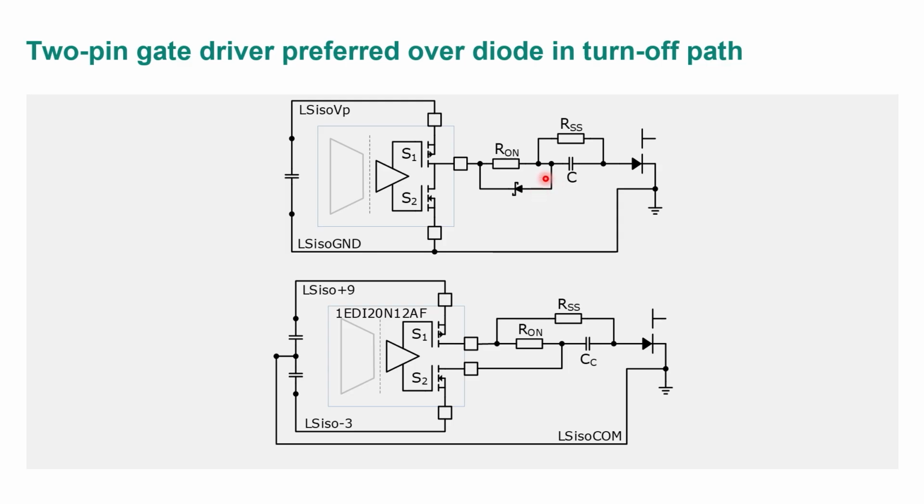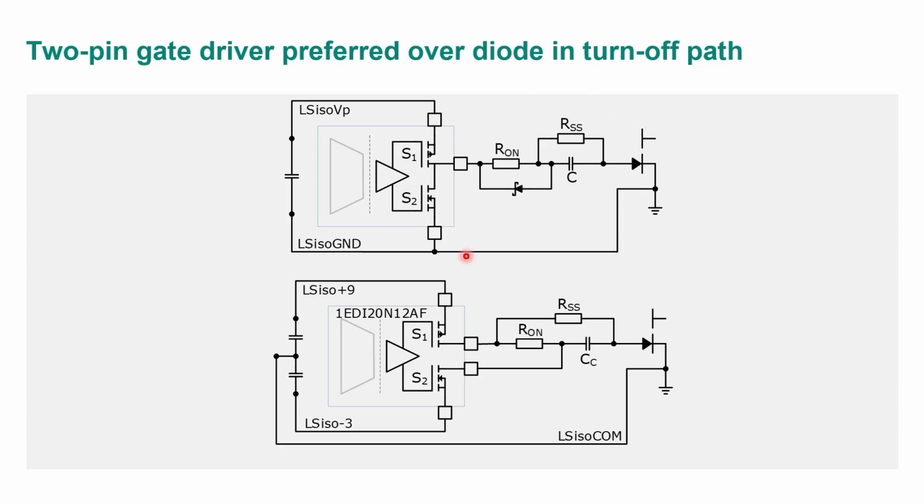A better approach is to use a driver that has 2 pins. And here, I can either use zero impedance or a smaller value for the turnoff resistor, and my turnoff path is much more direct now, and I can go to my negative bias, whereas here I'm just showing zero bias with a diode.